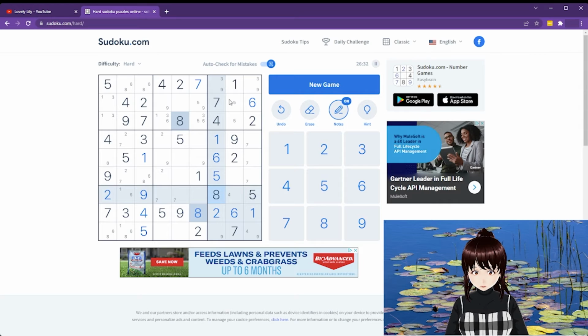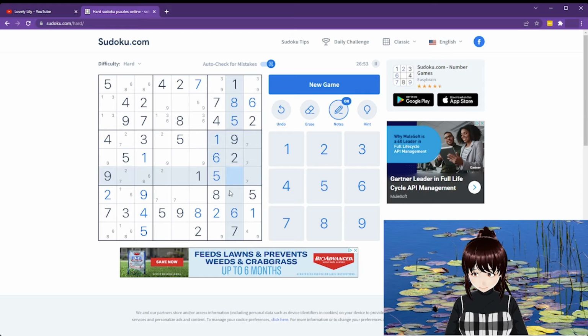Okay, look at this. So 8's here, and neither of these can be 8s. So these two, but there's an 8 right there. That's an 8, and that's a 5. Yay, look at that. Okay, so that means we have a pair here.